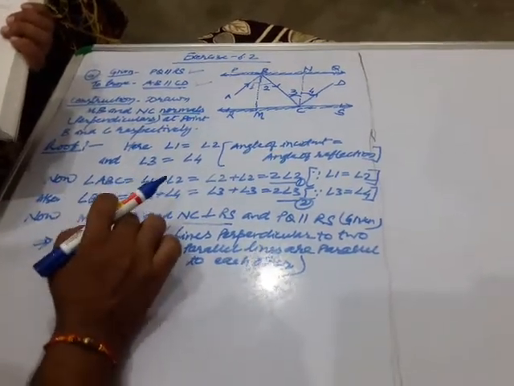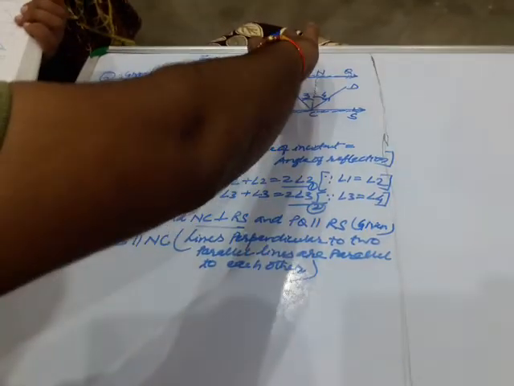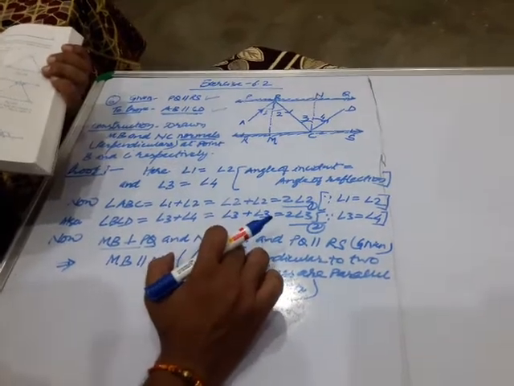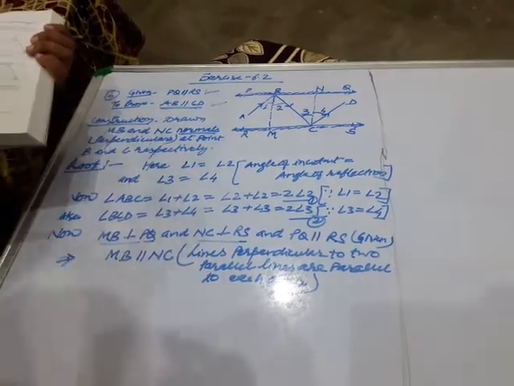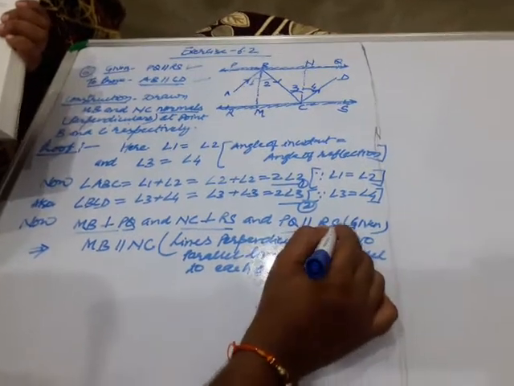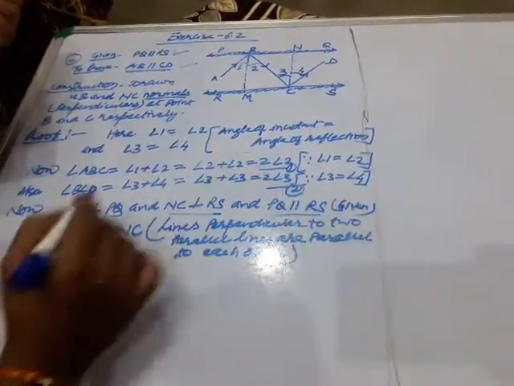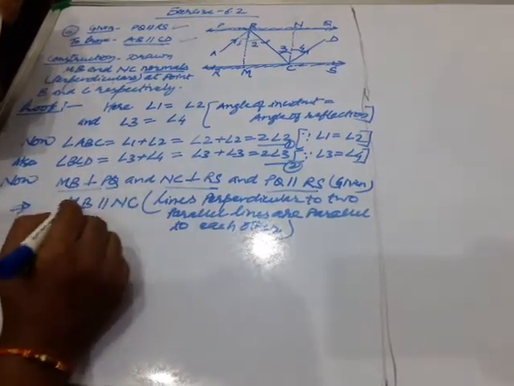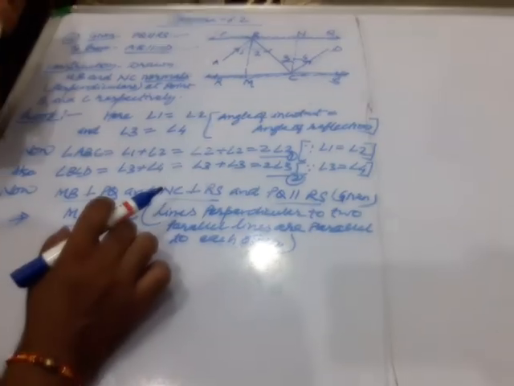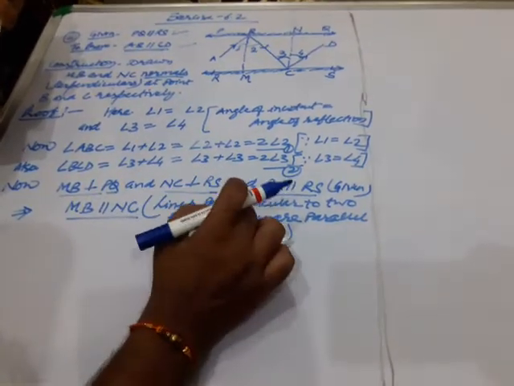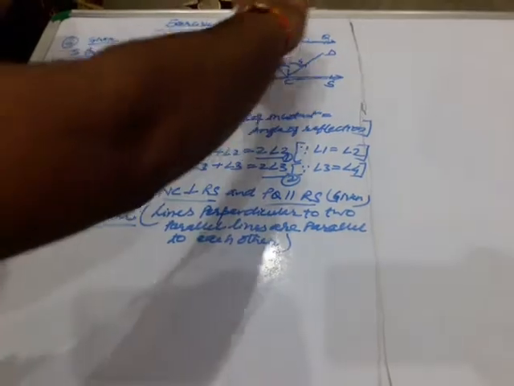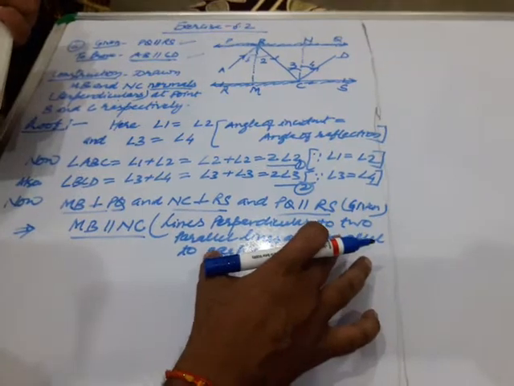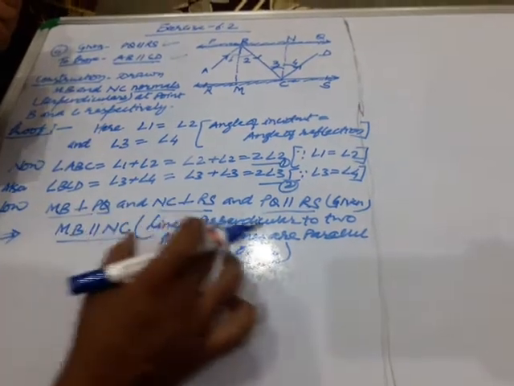MB is perpendicular to PQ according to construction, and NC is perpendicular to RS as per construction, and PQ is parallel to RS, that is given in the question. This implies that MB is parallel to NC. Why? Because MB and NC are perpendicular to two parallel lines PQ and RS. Clear this? That is why they are parallel to each other.